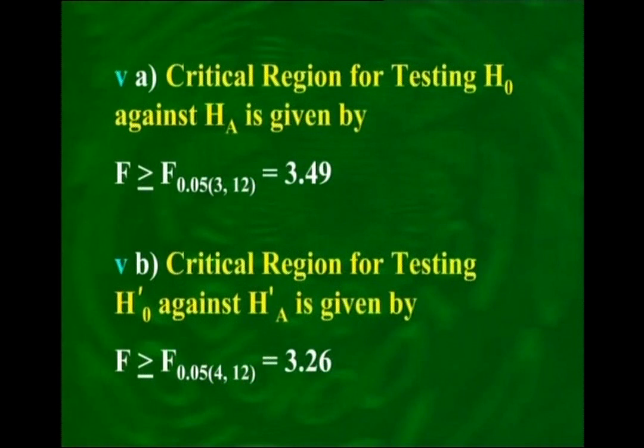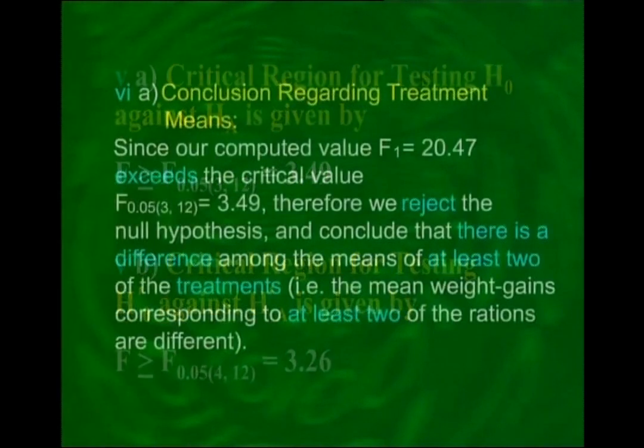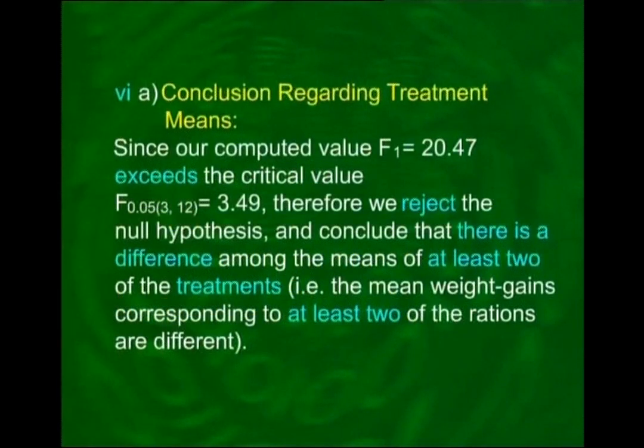Similarly, the critical region for testing H naught dash against H A dash is given by F greater than or equal to F 0.05, 4, 12, and this is equal to 3.26.